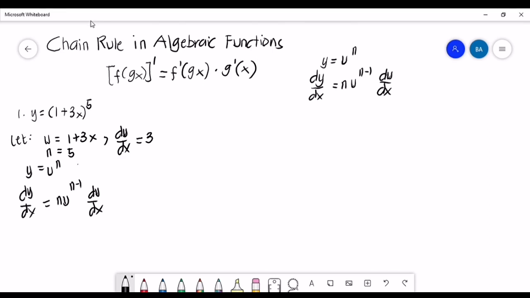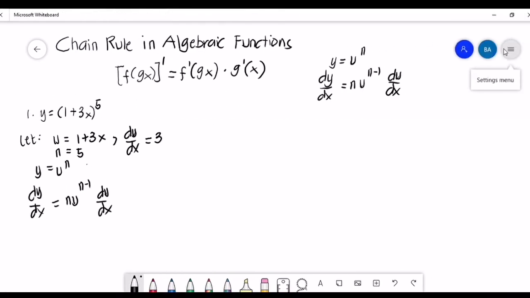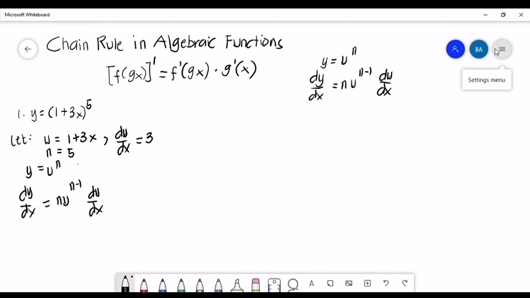So automatically, now we need to substitute all what we found, which is the u, the n, and our du dx.